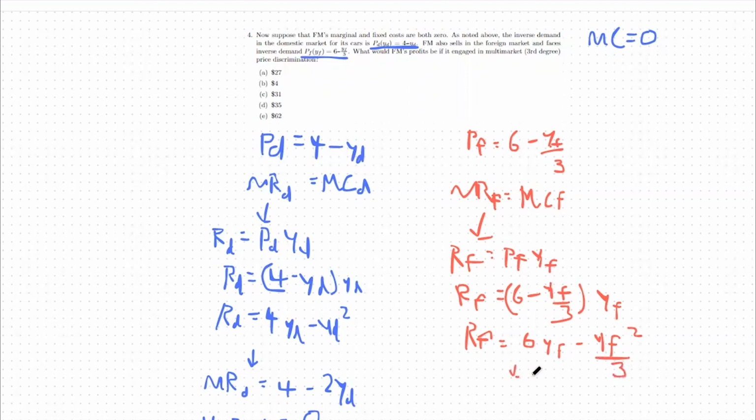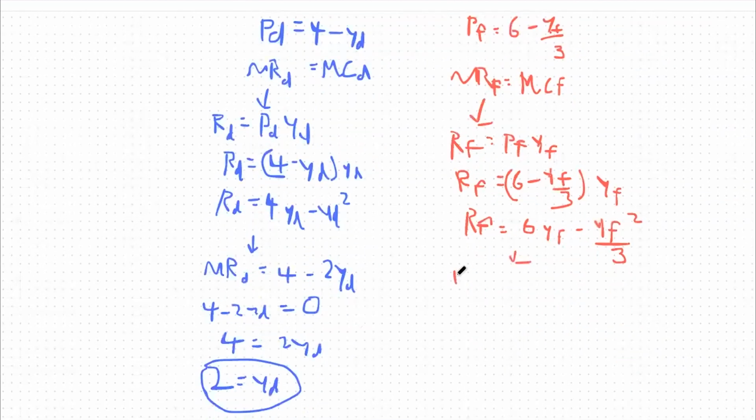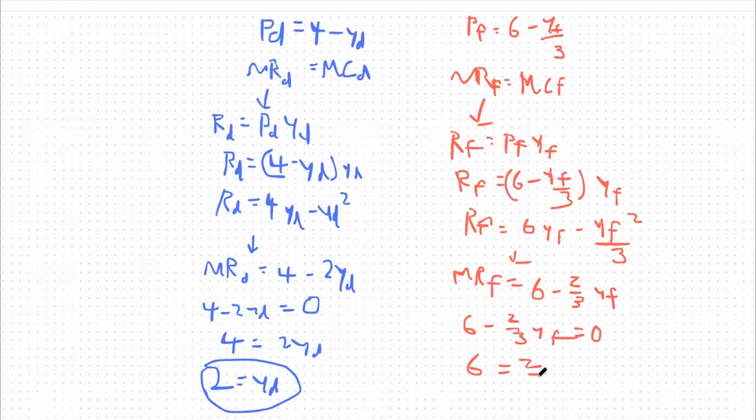Okay, so let's take our derivative with respect to quantity here to find our marginal revenue. That's going to be 6 minus 2/3 times our quantity. And then we're going to set that equal to 0 again, because that's our marginal cost. So 6 is going to equal 2/3 times Qf, which means our amount that we produce in the foreign market is 9.